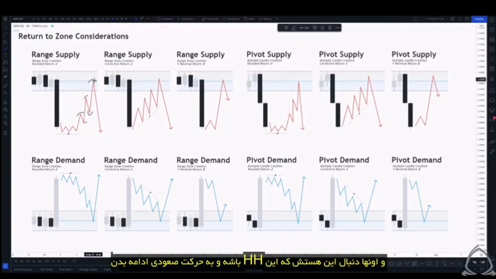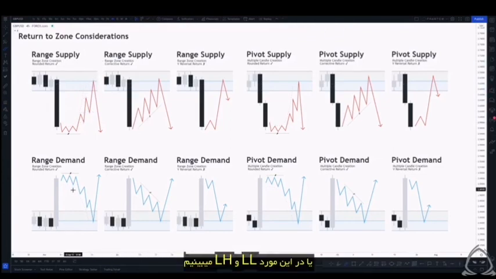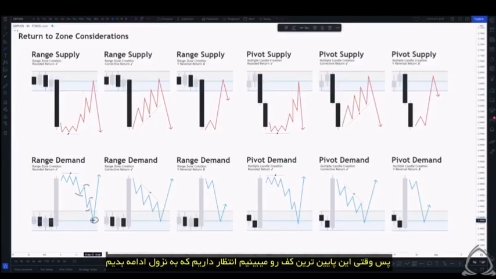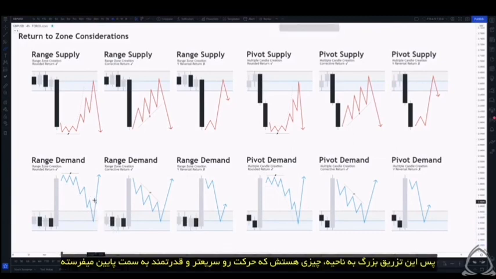And they're just looking for this to be a higher high and price to continue moving to the upside. Or in this case, we're seeing lower lows and lower highs. So when we put in this lowest low, we're looking to see price continue to the downside. So this large injection into the zone is what propels the momentum faster and harder to the downside.